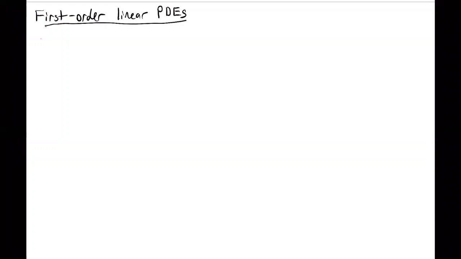We're going to look at equations of the form: I'll have a partial derivative of u with respect to x. Again, we're working with a function u of two variables.